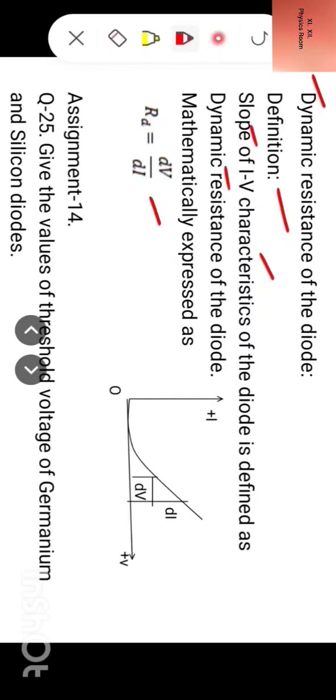Now look at this graph, that is IV characteristics of a junction diode. Take any two points, this point and this point.